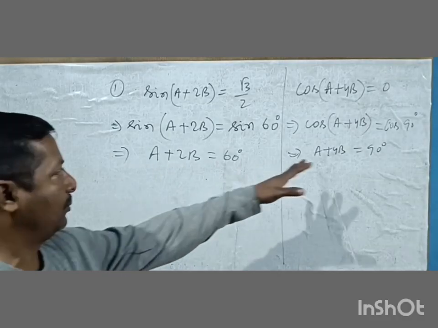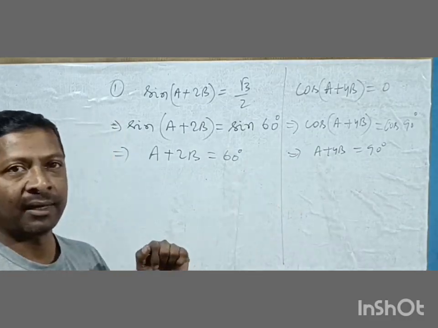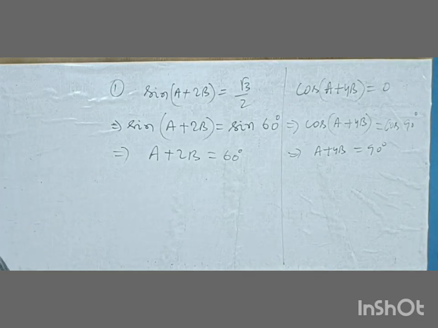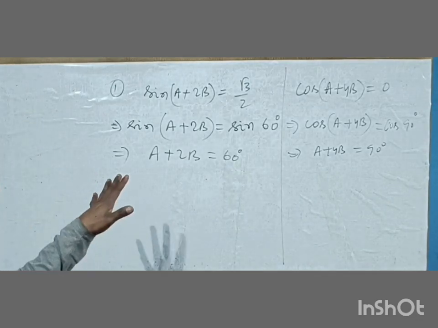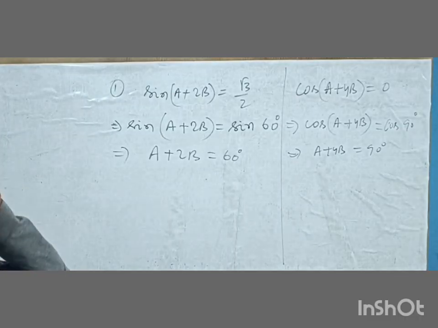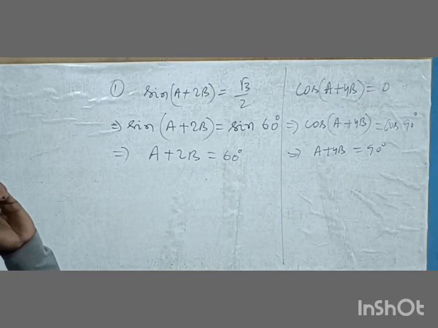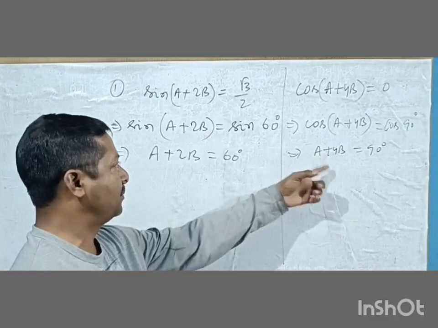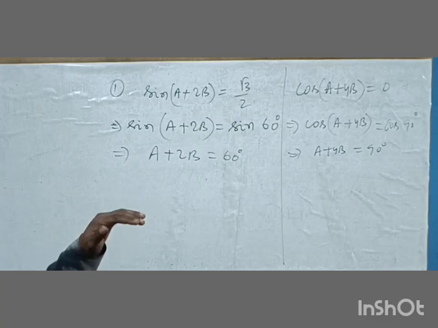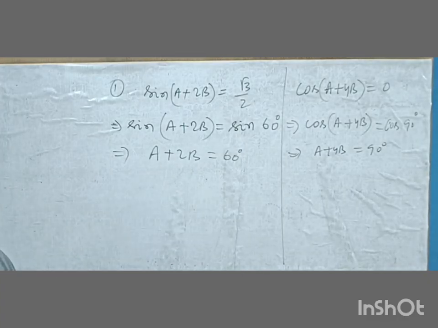From these two data, how can I get a or b? In what way will I get a and b? If I subtract this from this, the a will be cancelled. So I will proceed with the subtraction in the next step.